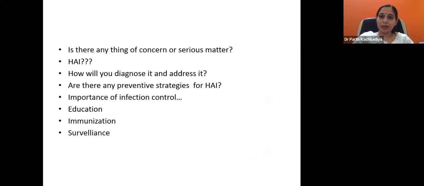As the patient is having high-grade fever after 3 days, is it a hospital-acquired infection? How will you diagnose it? How are you going to address it? Are there any preventive strategies for hospital-acquired infection? What is its importance? And what is the role of education, immunization, and surveillance? We will touch upon all these aspects briefly in the coming slides.